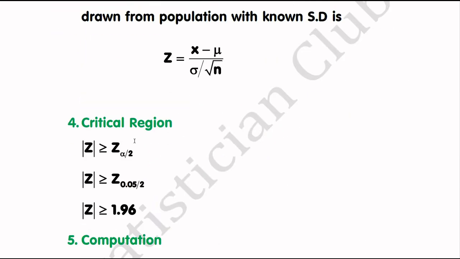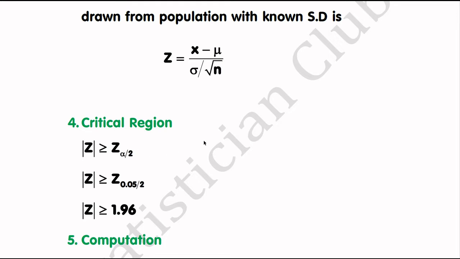So for a two-tailed test, there are two types of critical region. Here is the simple one: mod z greater than or equal to z alpha by 2. This mod is the absolute value. It means z has both positive and negative values. Alpha by 2 means alpha is on both sides, so we divide alpha by 2.